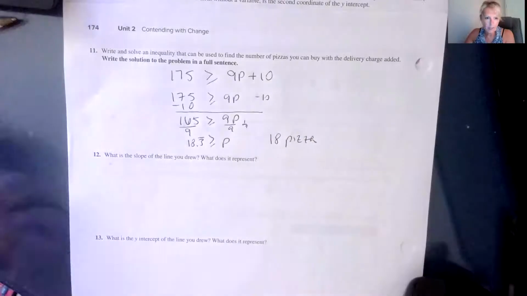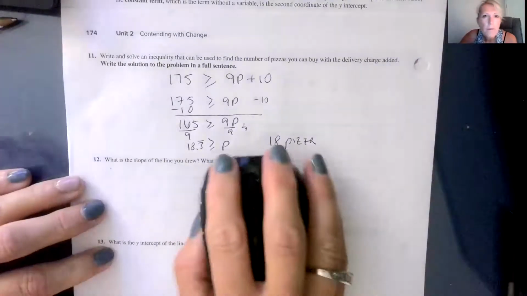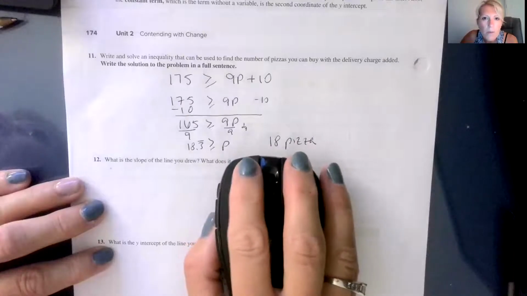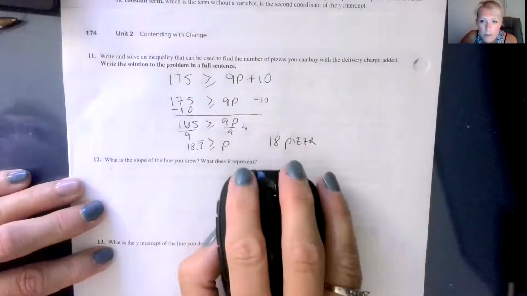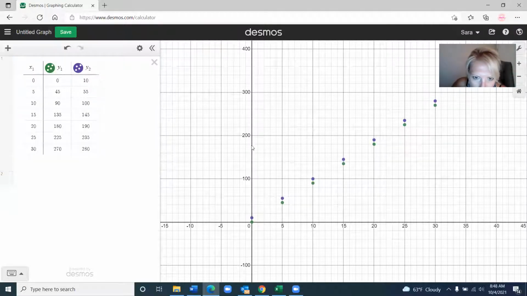And the cool thing is, if we go back to a picture here for a minute, we can say, let's just go up to 175. So we said we had an inequality, right?